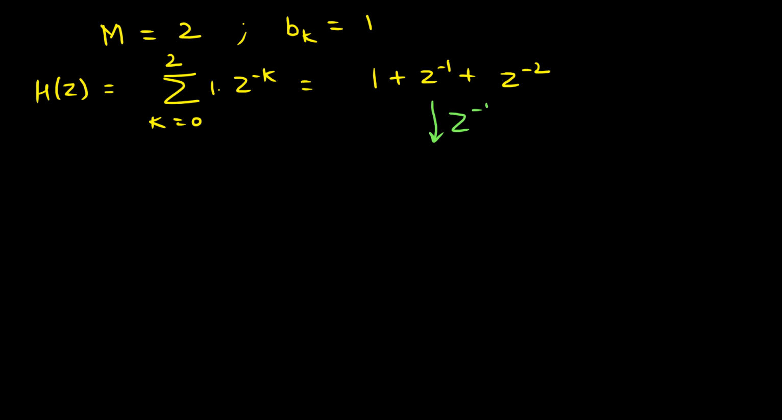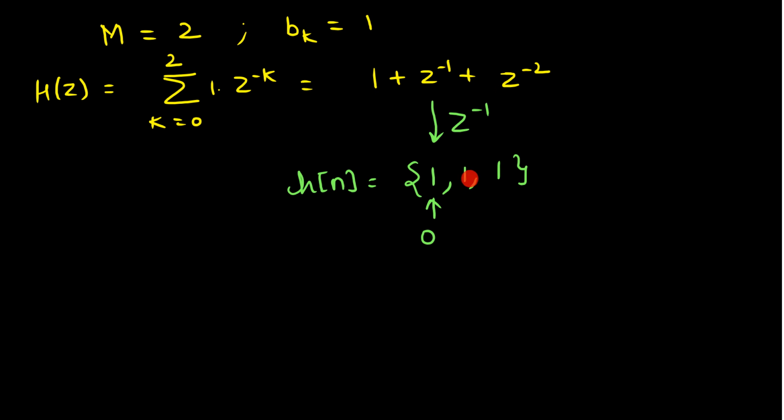and if we take its inverse z transform, the value of h of n, that is in the time domain, we obtain it as a sequence 1 1 1, where this first one is located at n equal to 0, this second one is located at n equal to 1, which is governed by this delay element, that is z inverse, and this third one is located at n equal to 2, which is governed by this delay element, that is it is delayed by a factor of 2 towards the positive infinity.